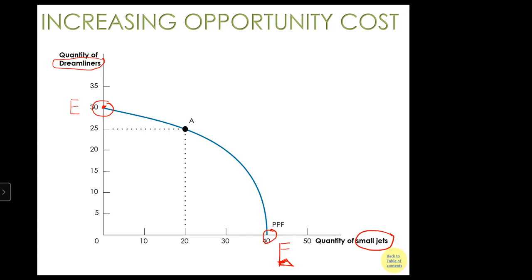Right? Now just imagine if we start from E and we want to move in this direction. Meaning, we want to expand into a new business market, which is small jet. Remember, we start from Dreamliners. We only produce Dreamliners. Right? Now we want to expand into a new market, which is small jet.